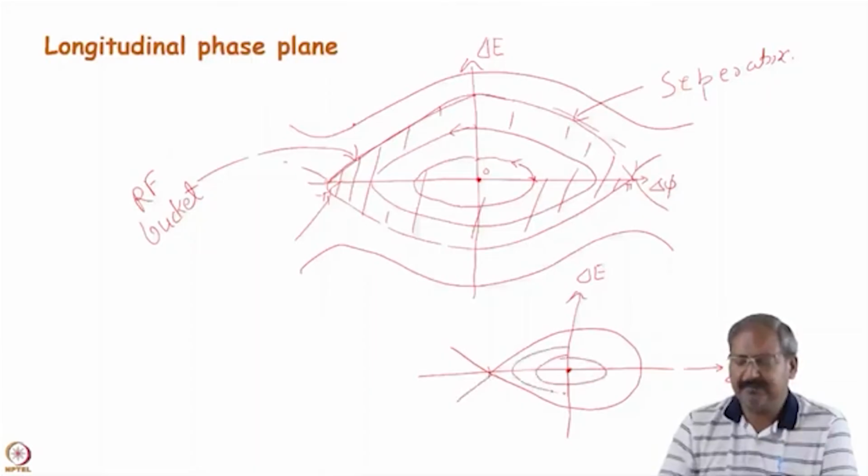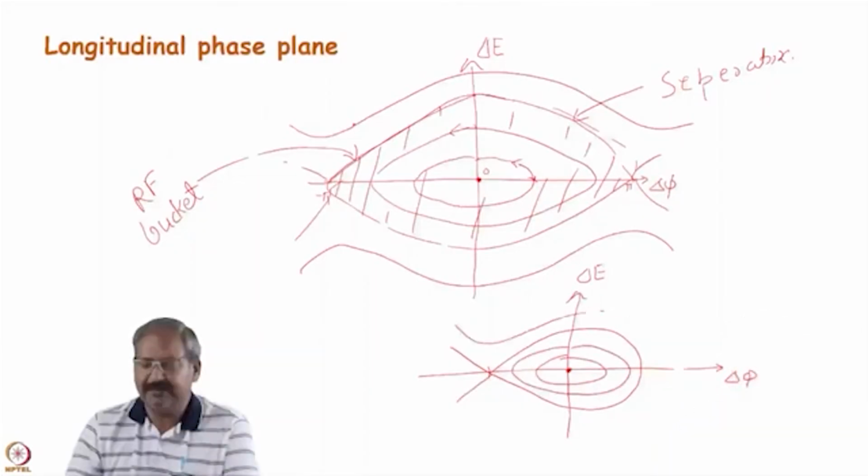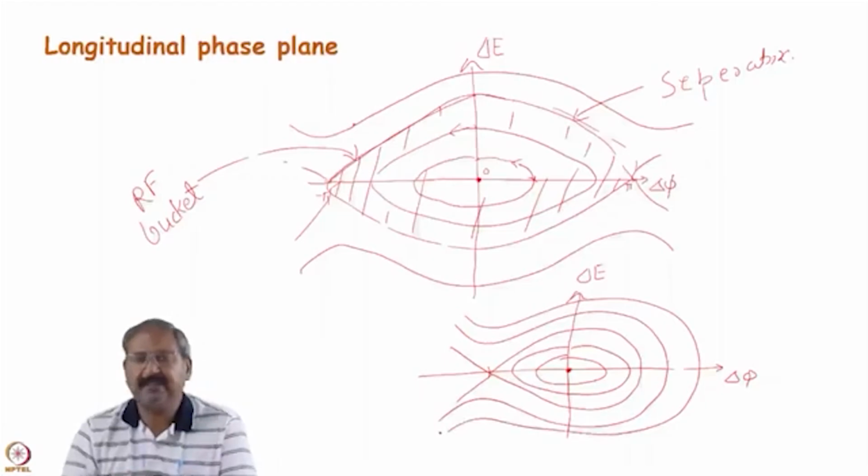This is even more distorted, and now it doesn't span up to the 2 pi area. Instead, the area has shrunk. As phi s increases, the area of the RF bucket becomes smaller and smaller.